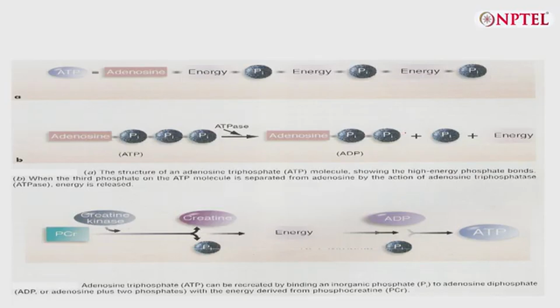Then at the same time, as it is a coupled reaction, once the ADP is more, the phosphocreatine, under the influence of the enzyme creatine kinase, breaks down to creatine and phosphate. That phosphate adheres to adenosine diphosphate, forming triphosphate, and this process is called the rephosphorylation of ADP to ATP.